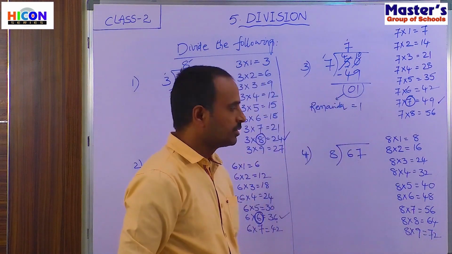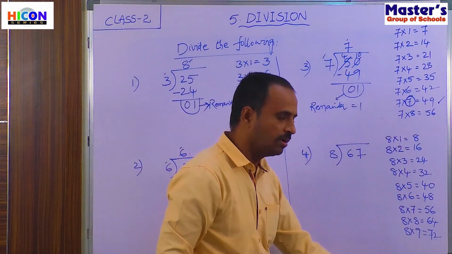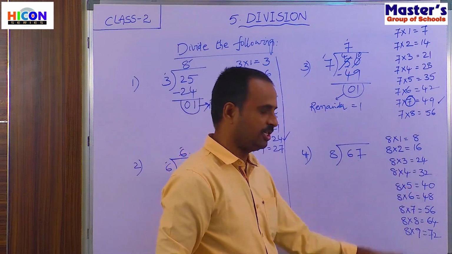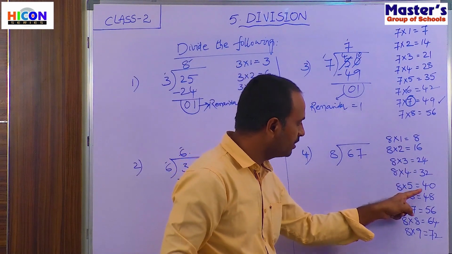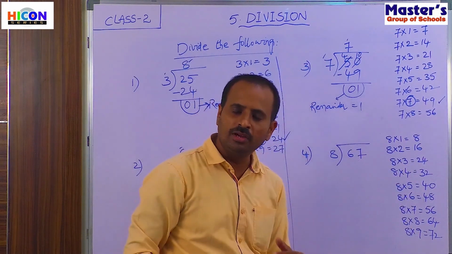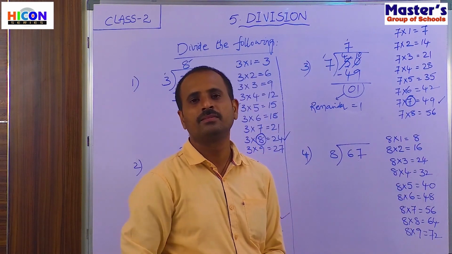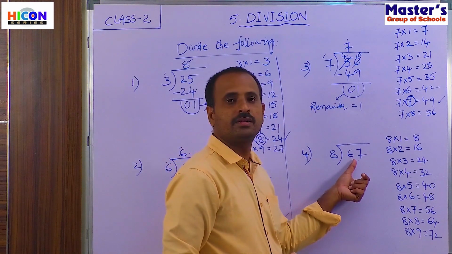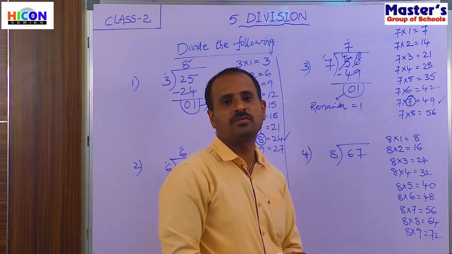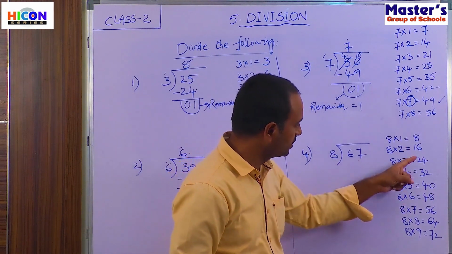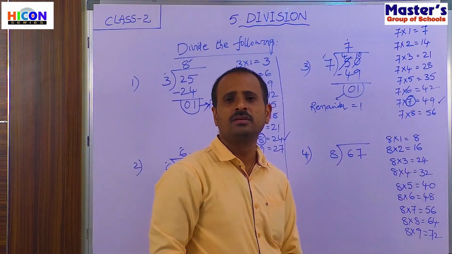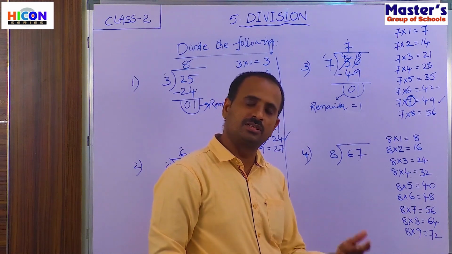So children, if you observe the 8th table, there is no number 67. That means we did not get the number 67 in the 8th table. Then what do we have to take? We have to take the number just before 67. What is the number before 67? 66. So where is the 66? So there is no 66. Now take the number before 66.